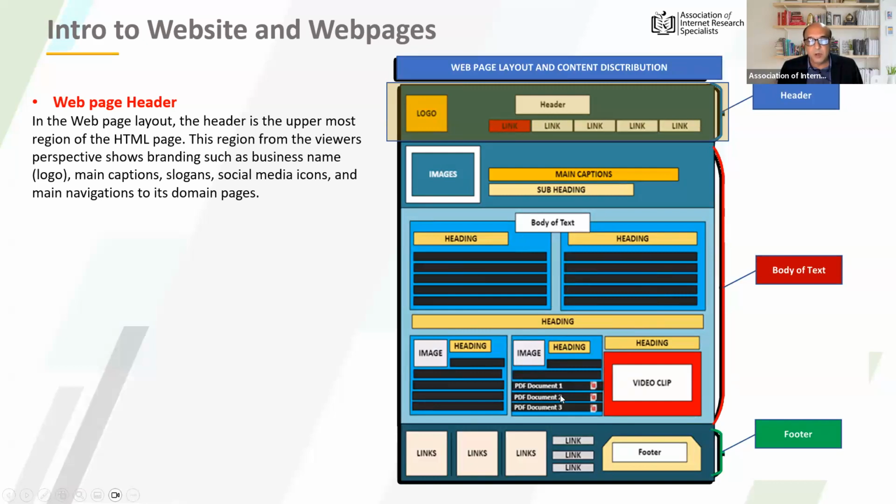Sometimes the PDF documents are listed here with the title, where it says PDF document 1, it could have a title, or it has certain textual content which gives details of the type of document that can be further navigated. There are images, there are video clips, there could be multimedia files. So a lot of action in the middle part. Okay. And this we call body of text.